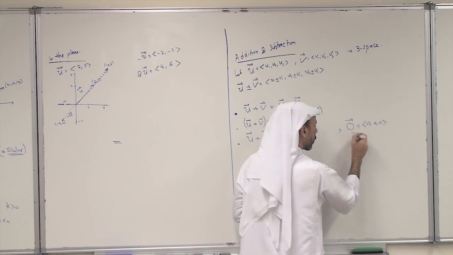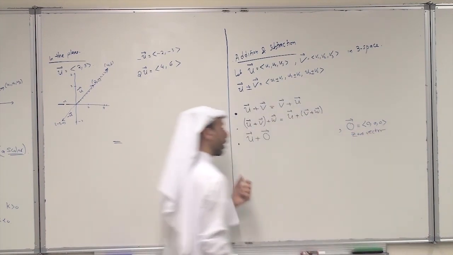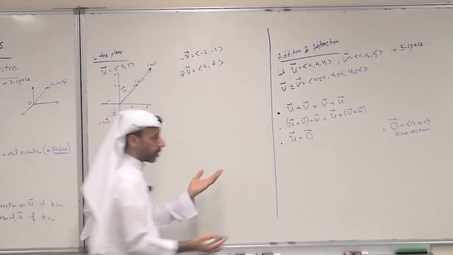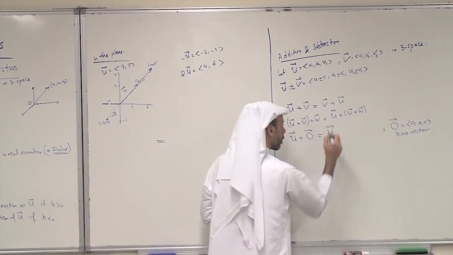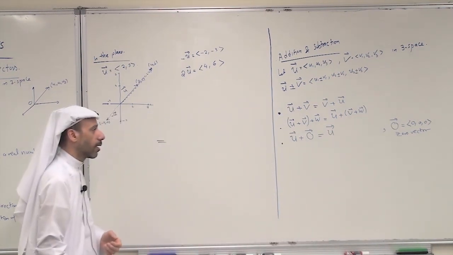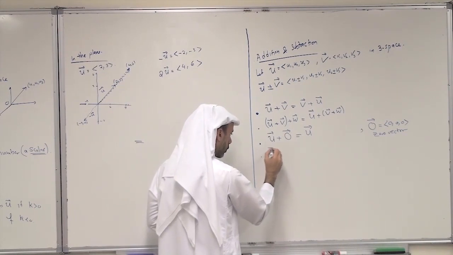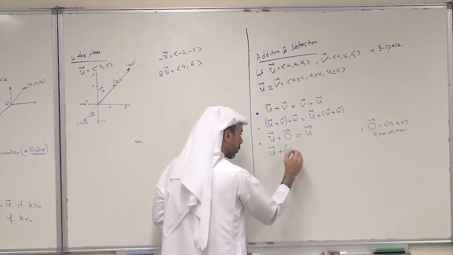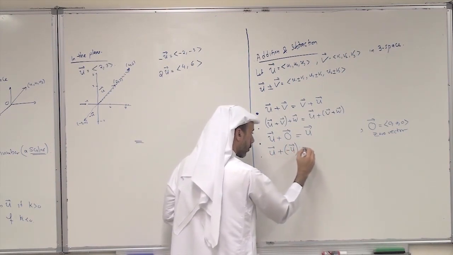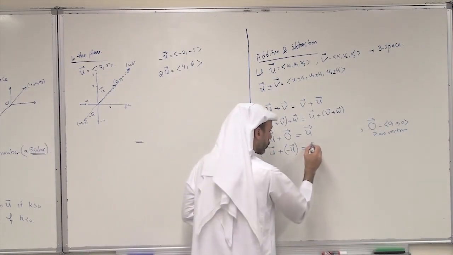We call it the zero vector. When you add a vector to the zero vector, nothing will change. It will be just the vector. We also have the vector U plus the negative of the vector U, which is just the zero vector.